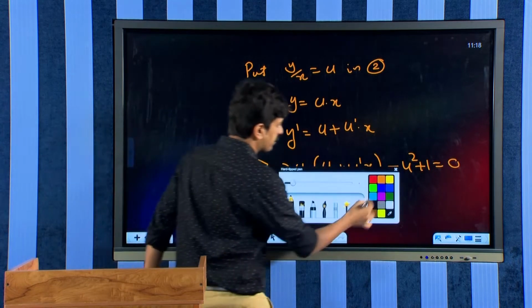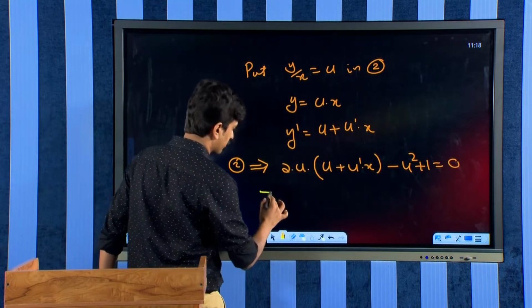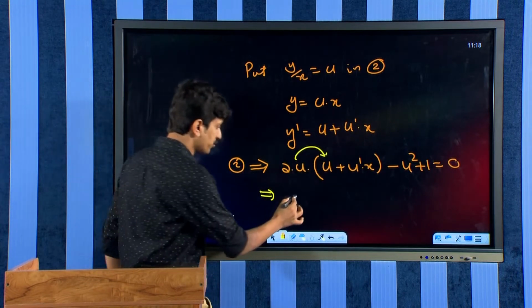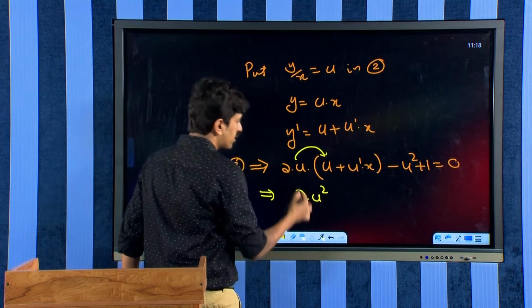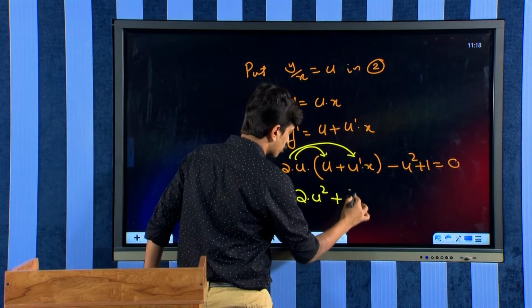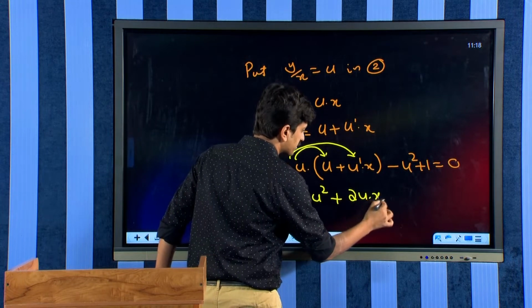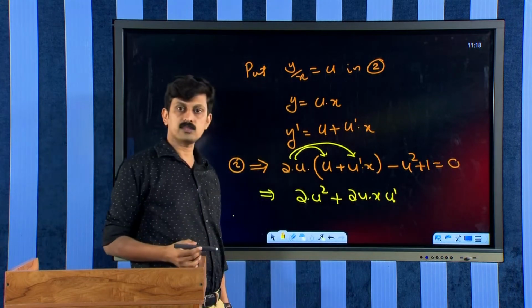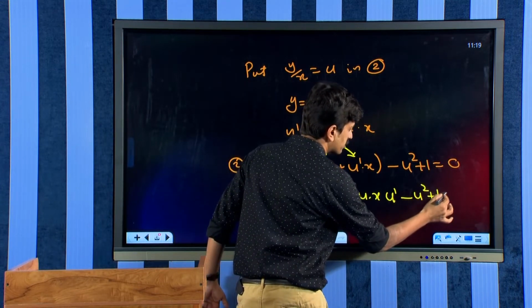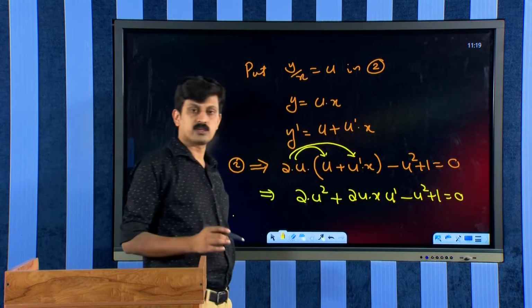Fine. From here we have 2u into u, that is equal to 2u square, 2u into u dash x. We can say that 2u x u dash, minus u square plus 1 is equal to 0.